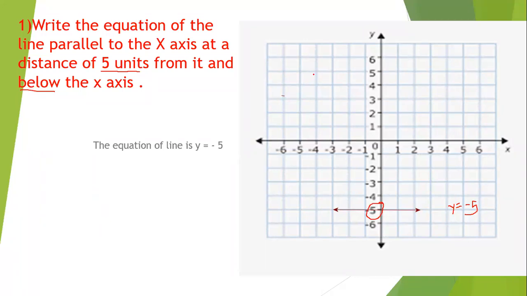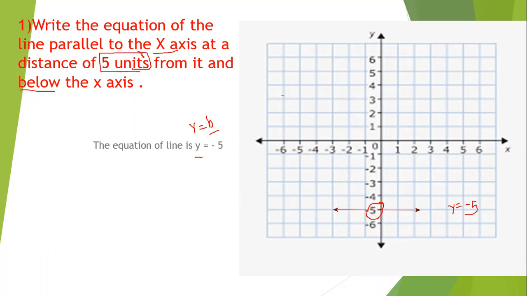Or you can see it like this also. Since the line is parallel to the x-axis, the equation will be in the form of y equal to b. That we have done in the points to remember also. So first write the y, and then in b you see the distance that is given to us.